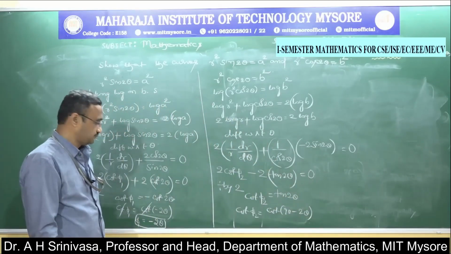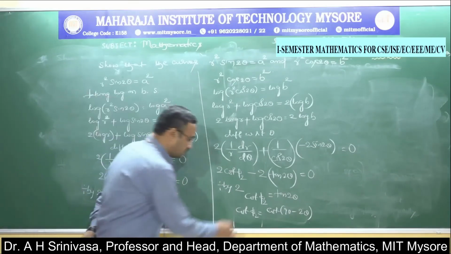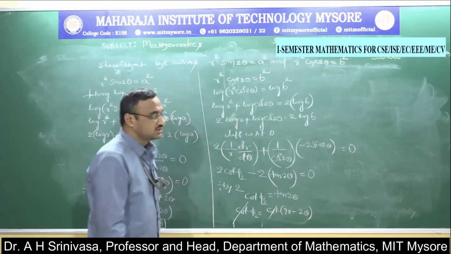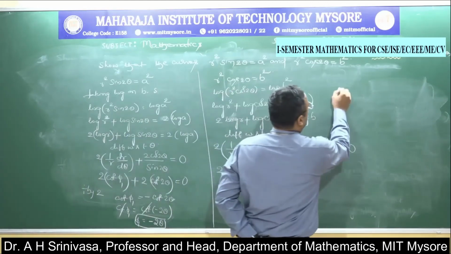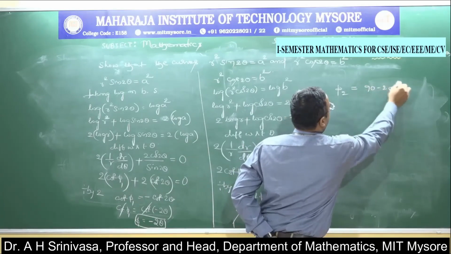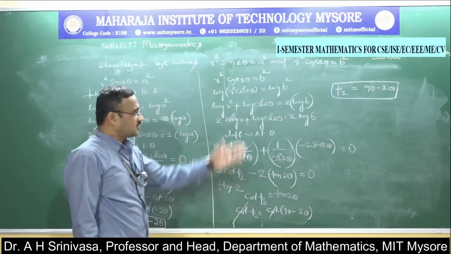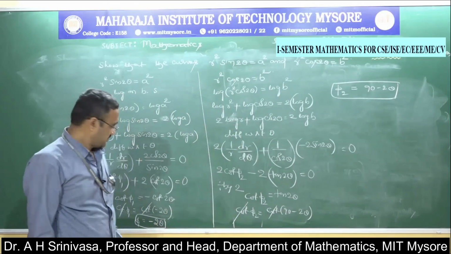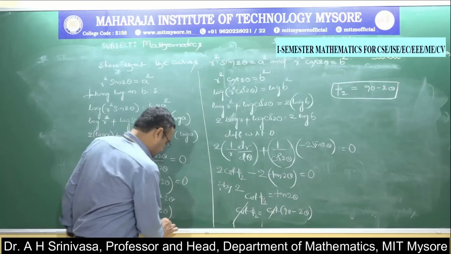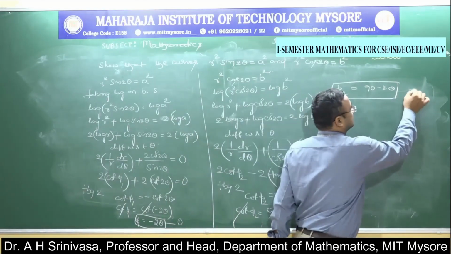Now we extract these two, then we get the phi 2 value. Now we get this one. Call this equation number 1 and this equation number 2.